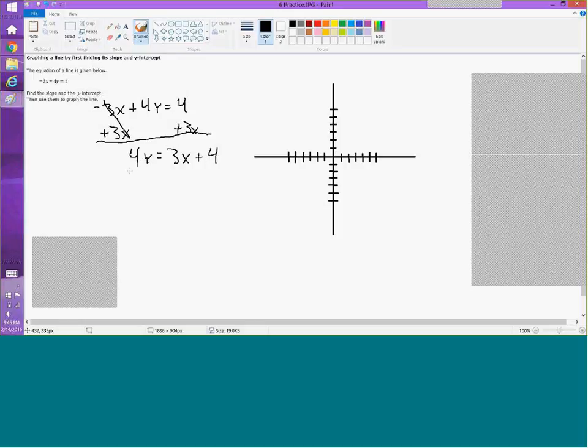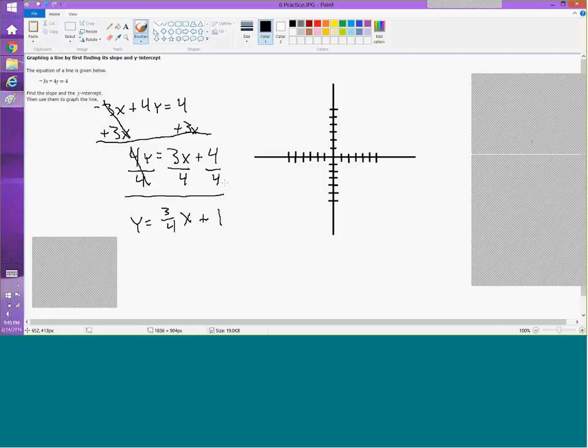Then divide everything by 4, and we should get y by itself. That was y equals negative 3 over 4 x, plus 4 over 4 is just 1.